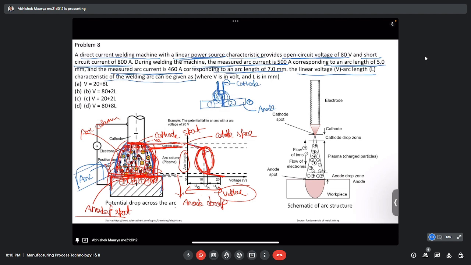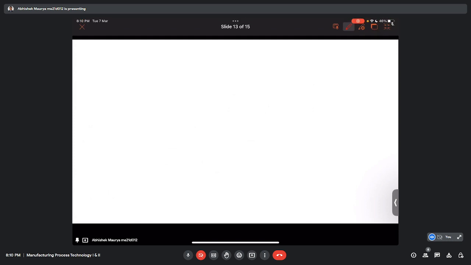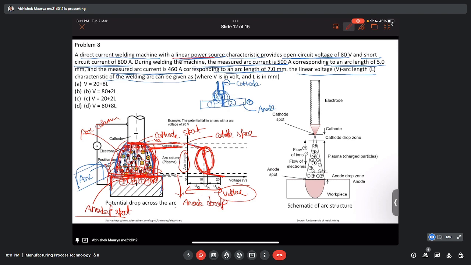Okay, so for that, the first information which is given is for the power source. So let's write it down. From power source characteristics, if you see the question, what is given? Linear power source characteristics.